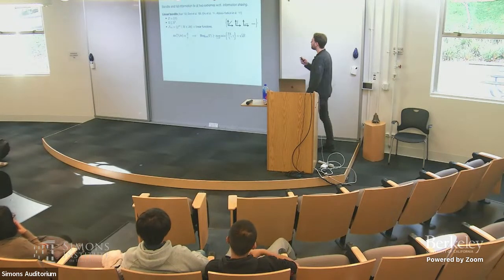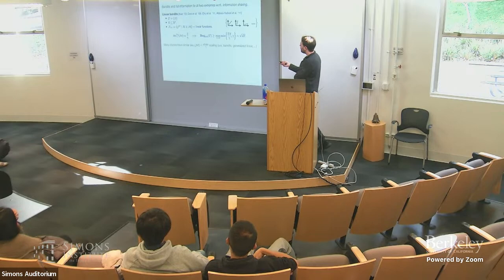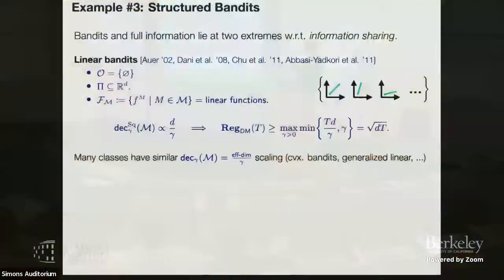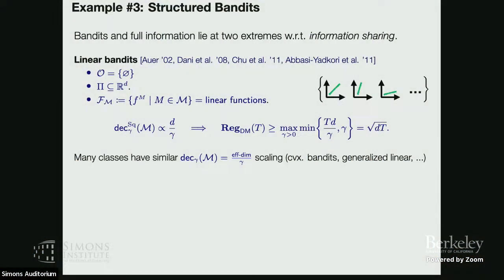Cool. So one point I want to mention here about the structured bandits is, this is another example where the DEC is growing at something like some notion of effective dimension for the problem over gamma.